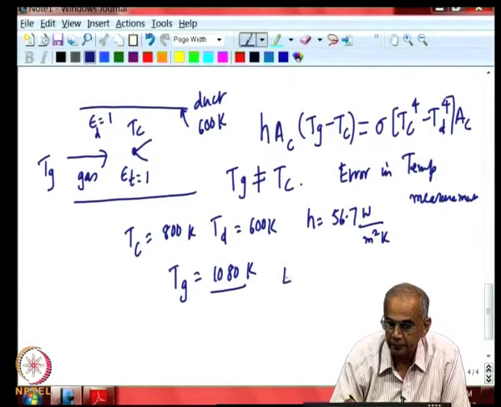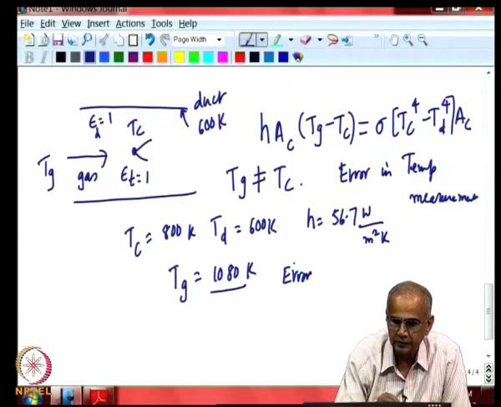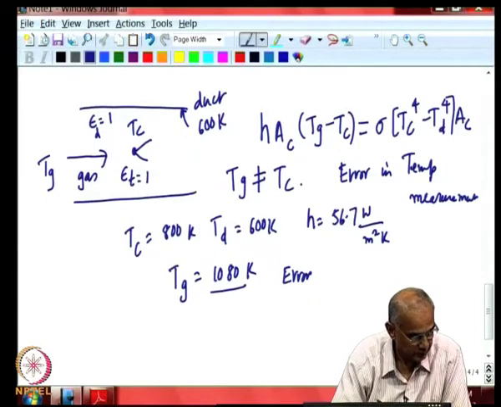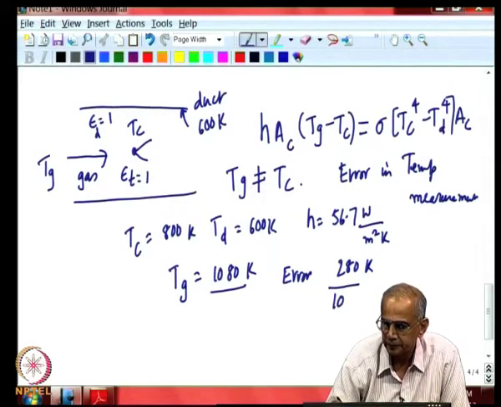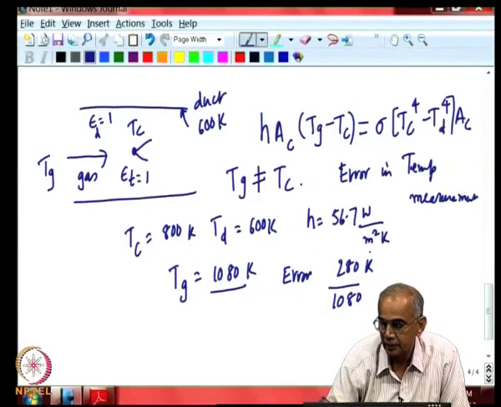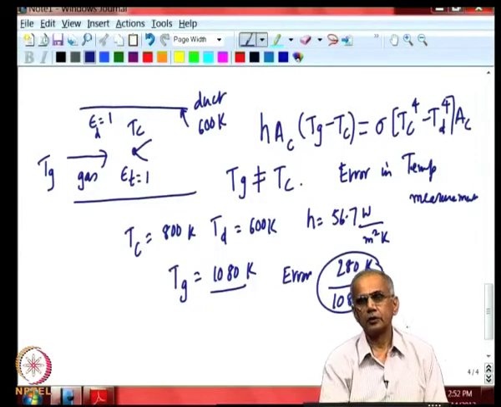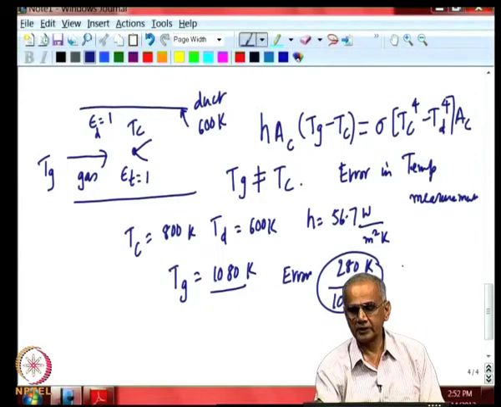So, the error of measurement of gas temperature is quite large. It is the difference between the gas temperature and the thermocouple temperature, which is 280 degrees Kelvin. An error of 280 Kelvin is unacceptable.